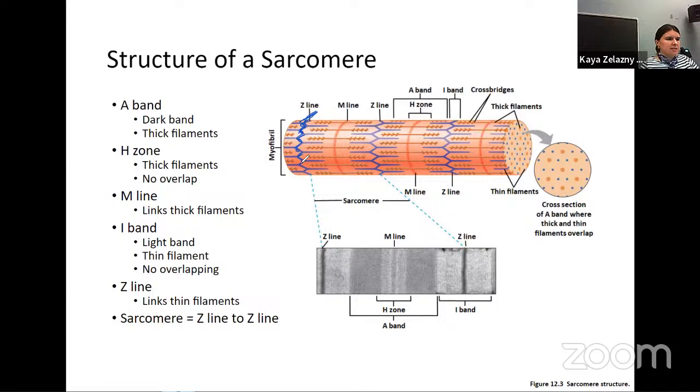Our thin filaments form this Z line, this zigzag kind of sewn together looking piece. The other end of the sarcomere is going to be the next zigzaggy line over here. So these are made of thin filaments. Highlighting that, that's the sarcomere from the zigzag line to this other zigzag line.